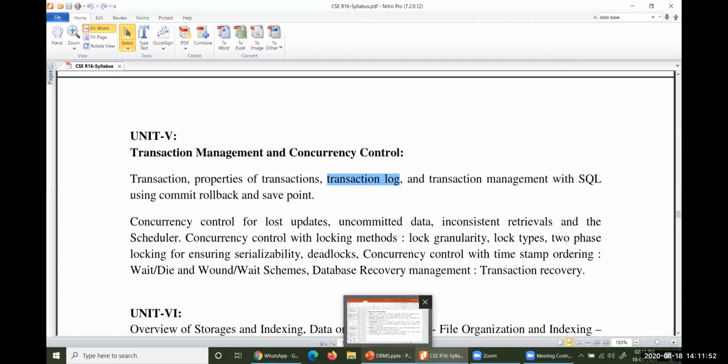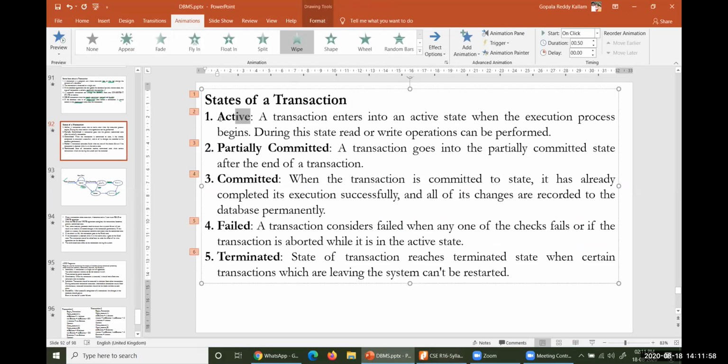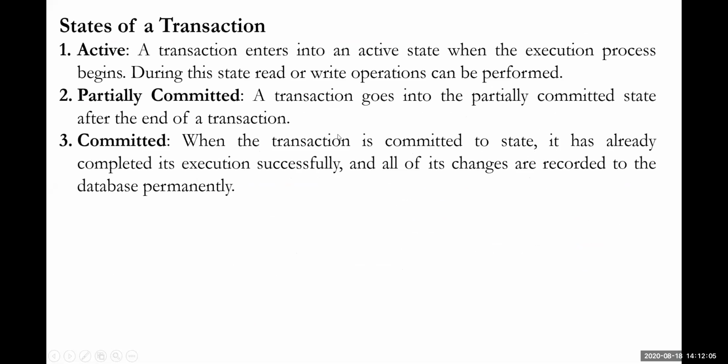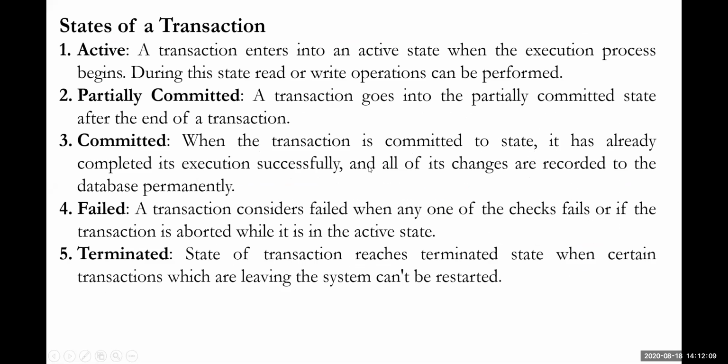So previously we have come across all states of the transaction. That is, a transaction might be in active state or partially committed state or committed state or failed state, otherwise a terminated state.